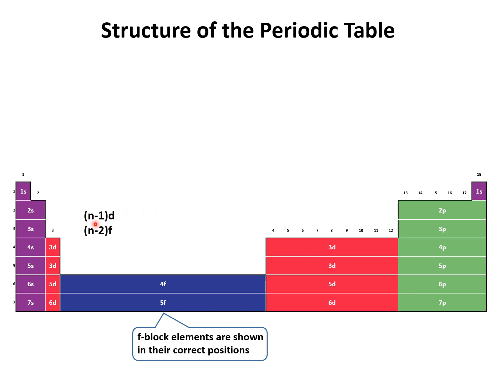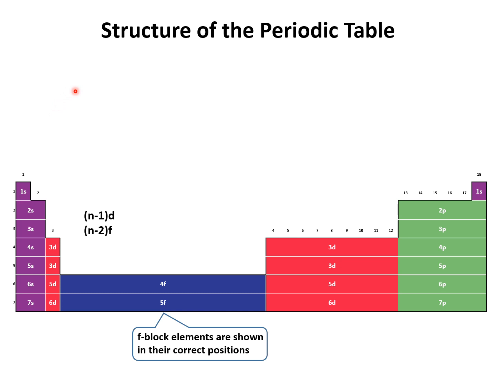So in this case, n equals 6, so we have 6 minus 1 equals 5, and so the d orbitals are labeled 5d. The f orbitals are labeled n-2, so where n equals 6, we have 6 minus 2, which equals 4, and so the f orbitals are labeled 4f. And similarly, the orbitals will be labeled for period 7.